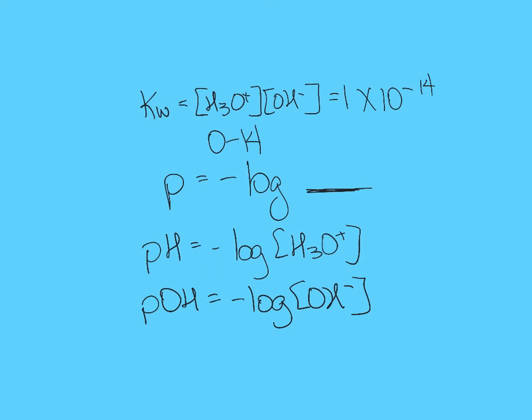Keep in mind, we typically use the pH scale. That's what's accepted. However, because of the math and because of the logarithmic scale, if I take pH and add to it the pOH of a number, I should get 14. So how do I use this?